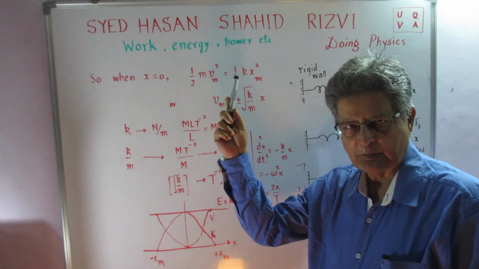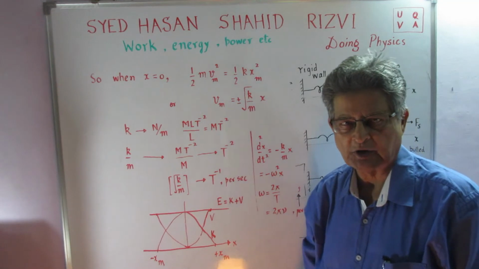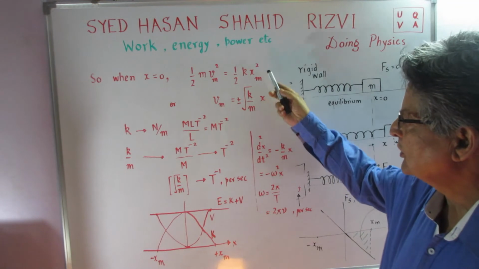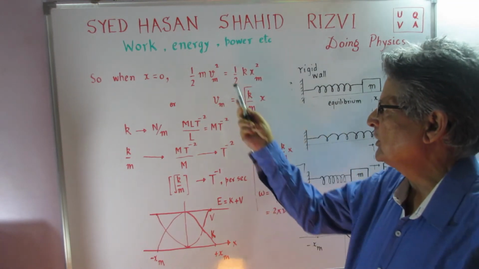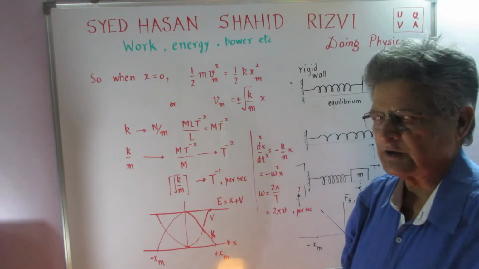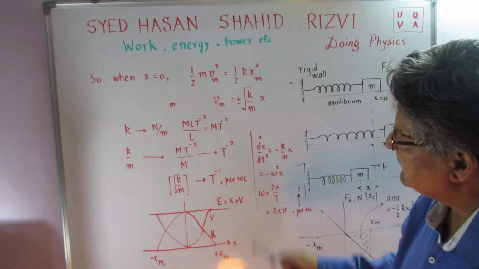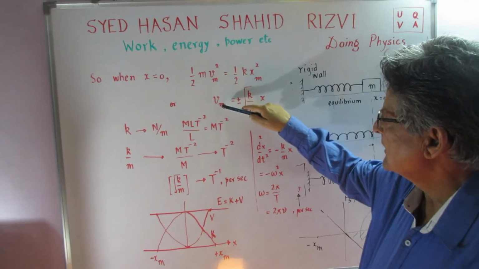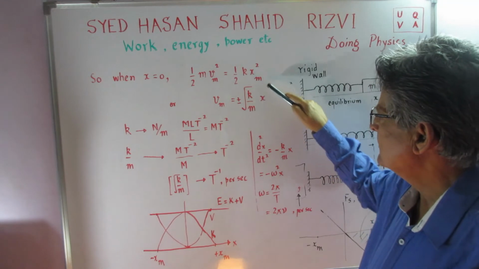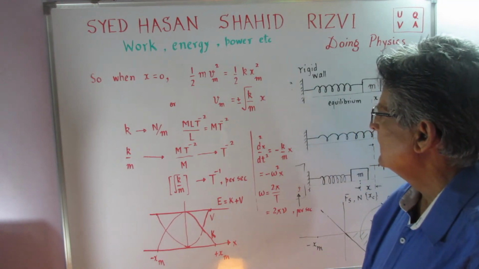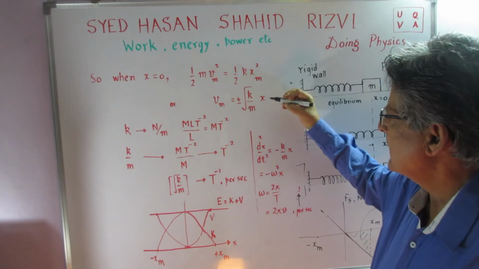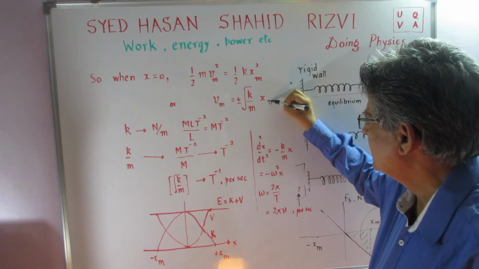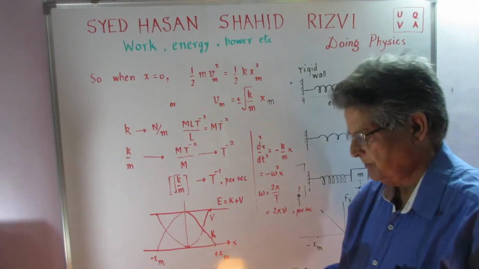One of them is the maximum kinetic energy and the other is the maximum potential energy associated with the system. The maximum kinetic energy equals the maximum potential energy, because here the potential energy is 0 and there the kinetic energy is 0. Half cancels with half, and vm squared is k upon m into xm squared. So I can write vm as plus or minus the square root of k upon m, into xm.